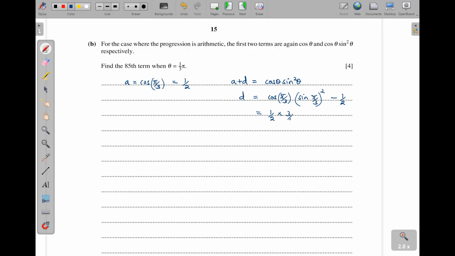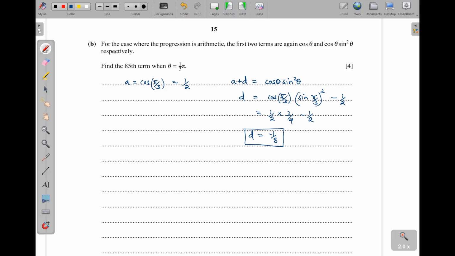So times 3 over 4, then minus a half. So what does this one give us? This is 3 over 8 minus a half. And of course, I'll multiply this one by 4 and this one by 4 to get the equivalent fraction. So 3 minus 4, that is a negative 1. So we shall get negative 1 over 8. That is our D here.